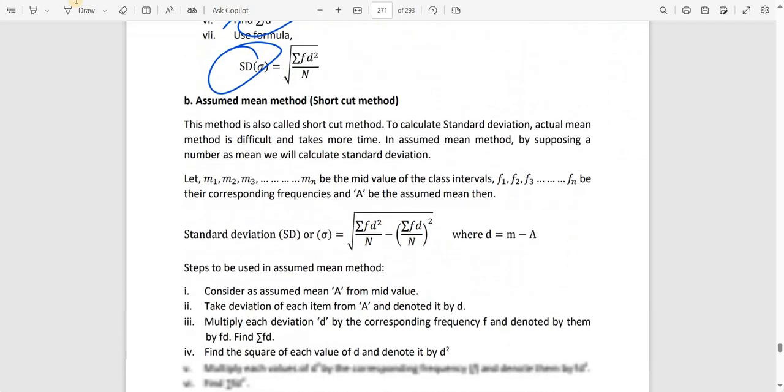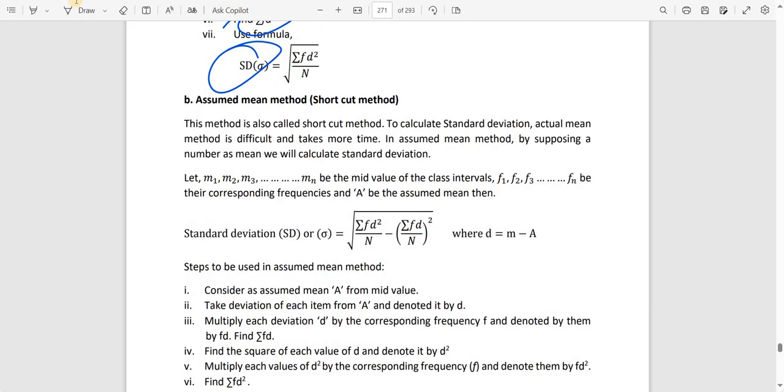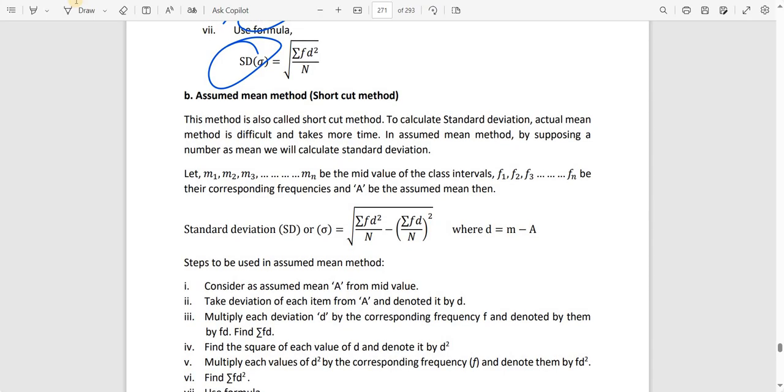We can use other methods as well, like assuming the mean. If we don't have proper data, we can assume a mean value and solve the problems. This method is called the shortcut method to calculate the standard deviation. The actual mean method is difficult and takes more time.